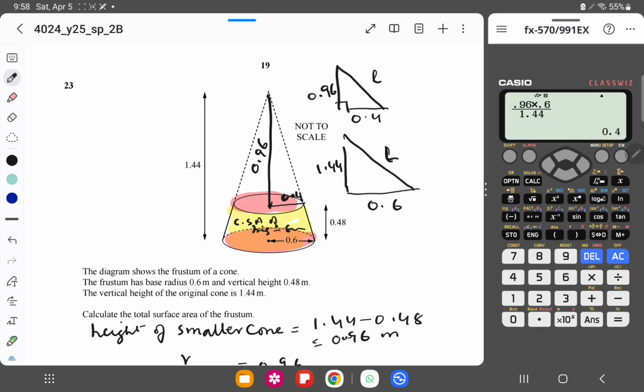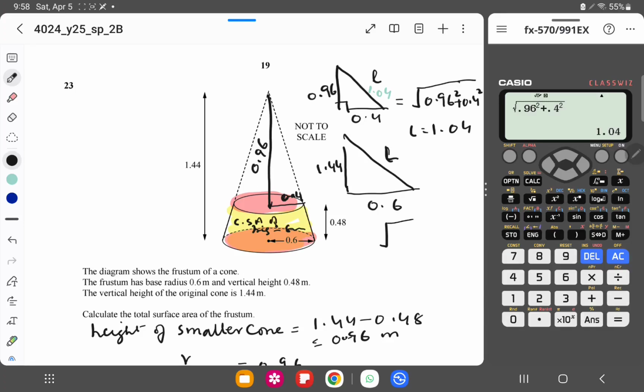So for the smaller cone, it is the square root of 0.96 square plus 0.4 square, which is 1.04. So L is 1.04.